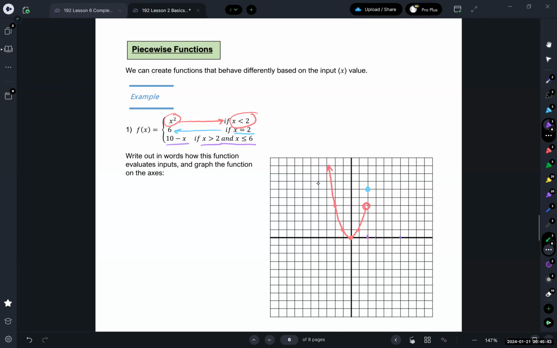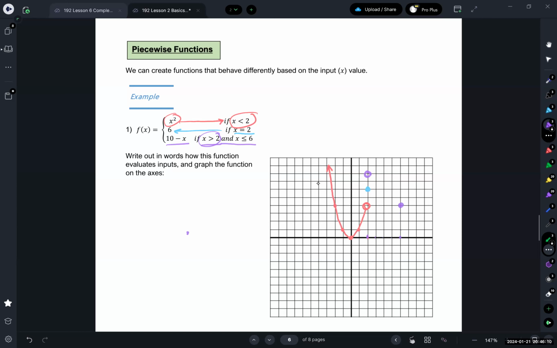Well, that's a line. So probably the easiest way for me to do that is plug in its two endpoints. If x were to be 2, 10 minus 2 would be 8. So again, I'm going to go up to that 8 and put an open circle because it does not include this point because it doesn't have the or equal to. But then I'm going to go, what happens at x equals 6? I would have 10 minus 6, which is 4. 2, 3, 4.